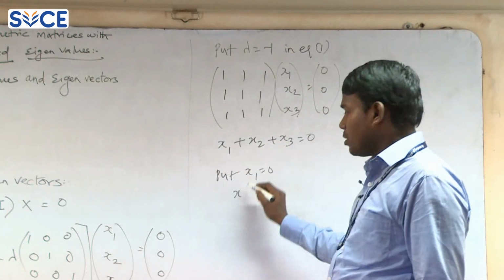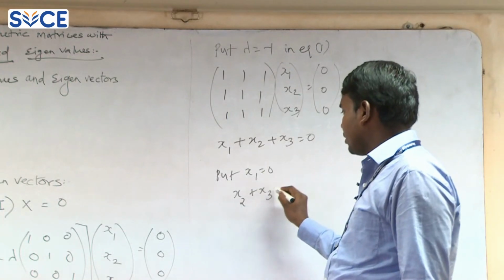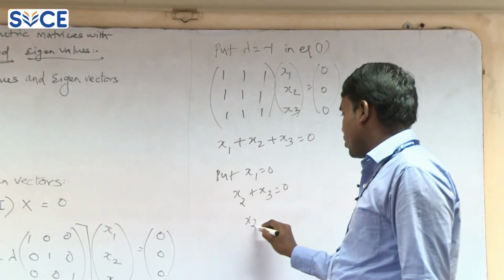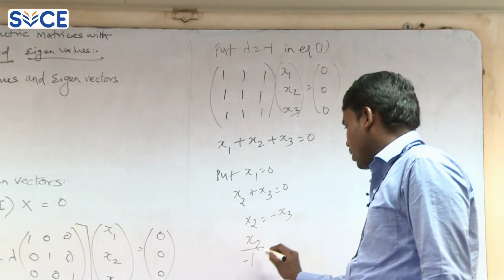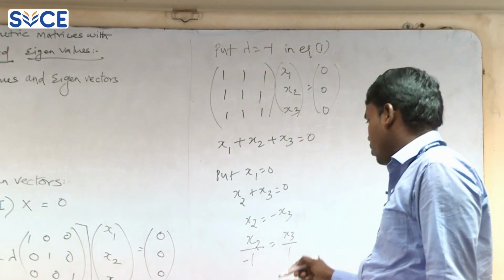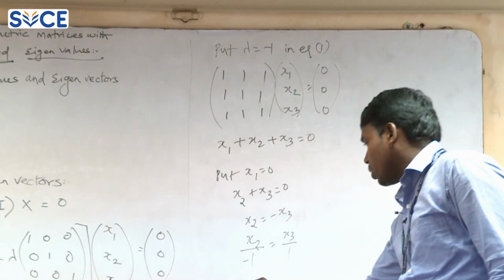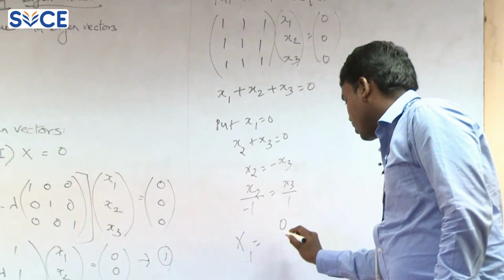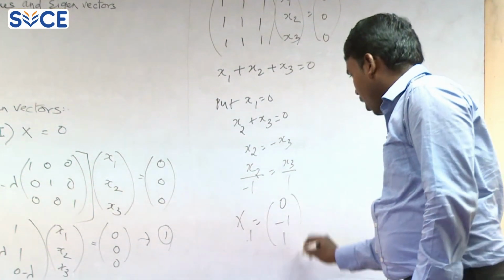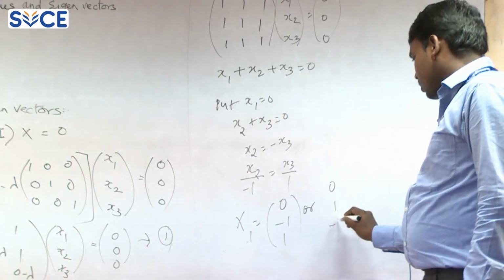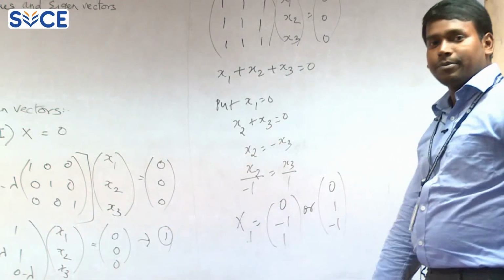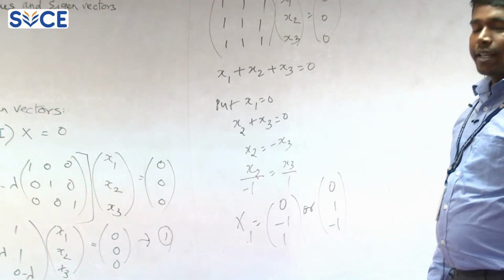So in the above equation it becomes x2 plus x3 equal to 0, x2 equal to minus x3, therefore x2 divided by minus 1 equals x3 divided by 1. So the first eigenvector is 0, minus 1, 1, or 0, 1, minus 1. This is also possible.